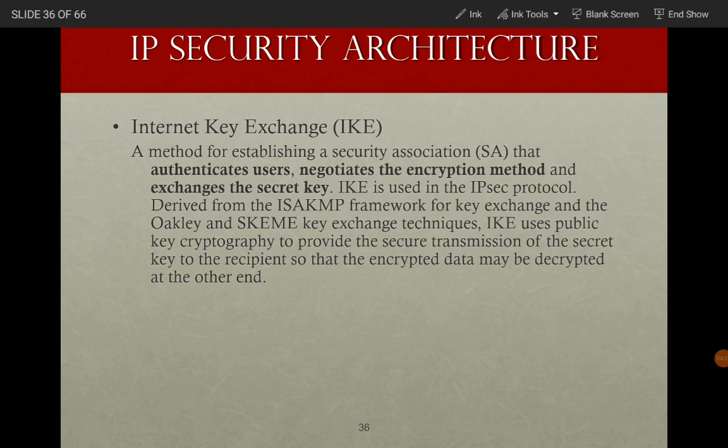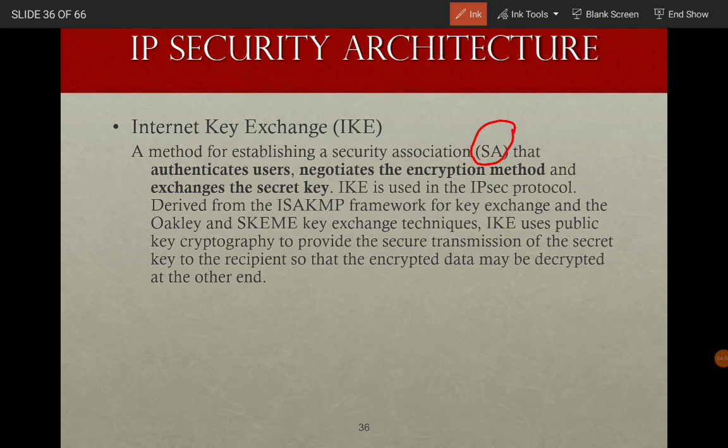Then what is Internet Key Exchange? Internet Key Exchange is a method used for establishing the security association. That security association authenticates the users, negotiates the encryption method, and then they can exchange the secret key. This is the purpose of Internet Key Exchange.